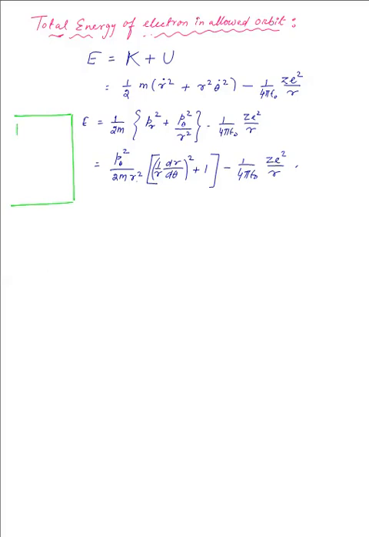pr is equal to p theta divided by r squared dr by d theta, and the square of it, that is pr squared, because we have the pr squared in those brackets. So pr squared is going to give us p theta squared.